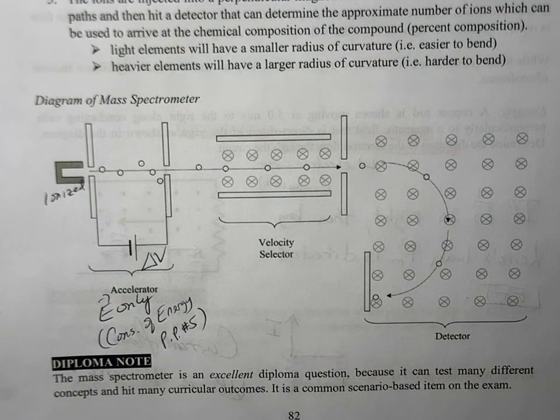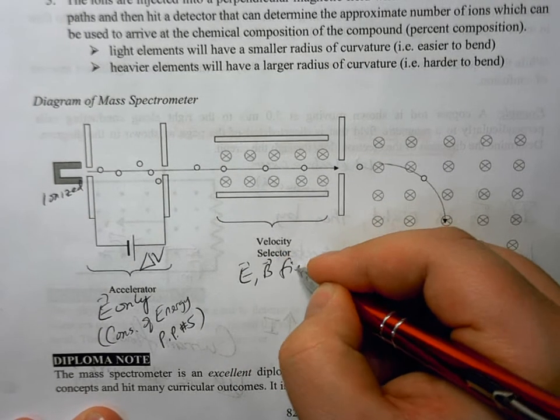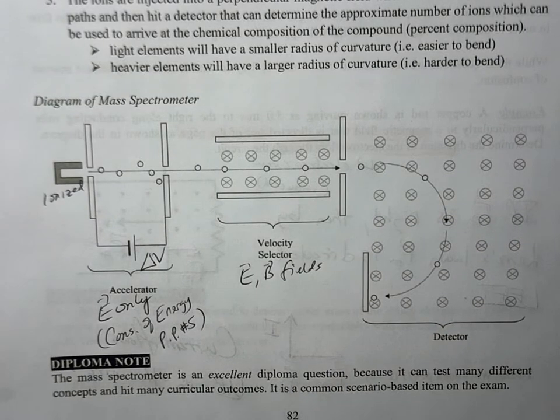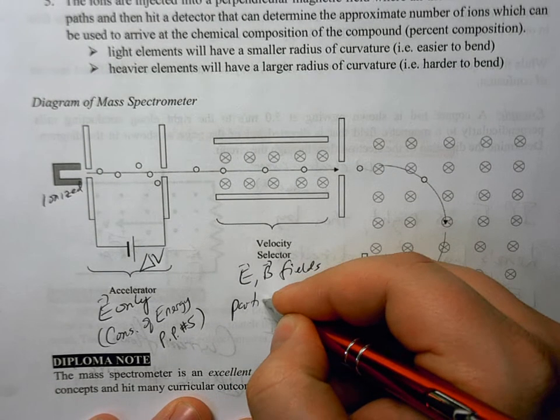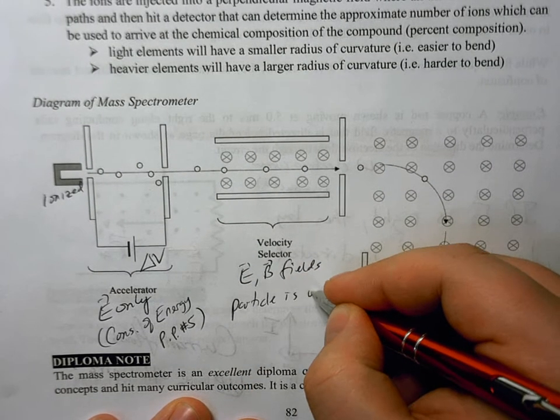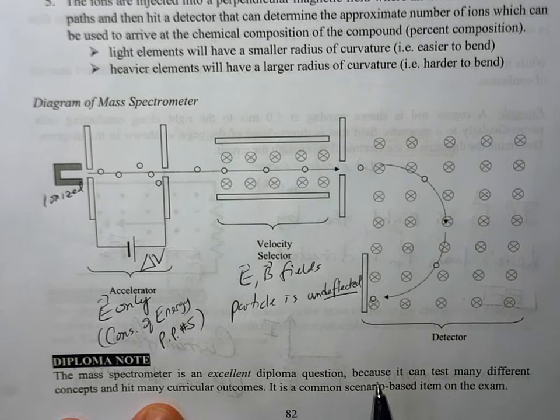Now, once we get the particles out of here, they're going to go into what's called the velocity selector. So we're picking specific particles that we'd like. Generally in here, we're going to have both electric and magnetic fields. Most likely the particle is going to be undeflected. So you'll notice that it's traveling in a straight line.